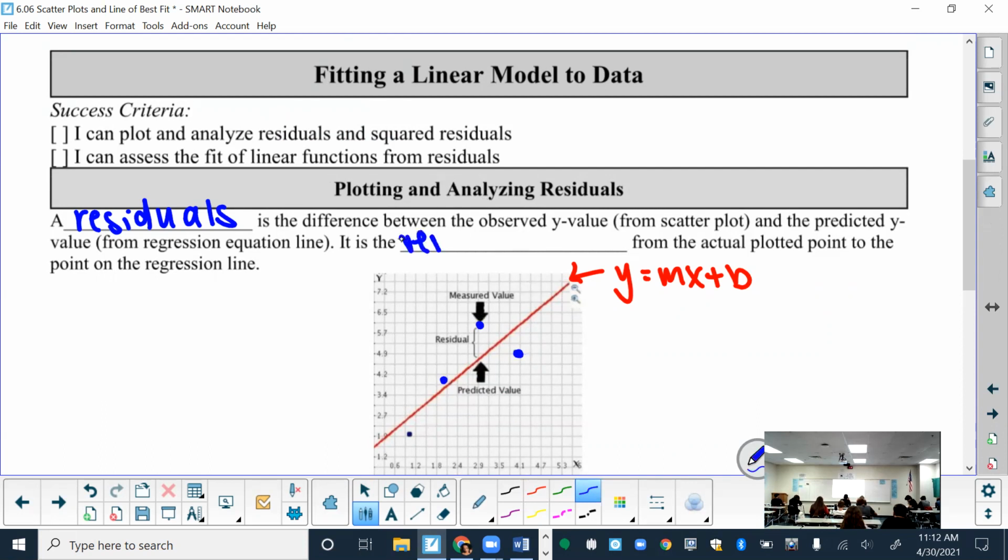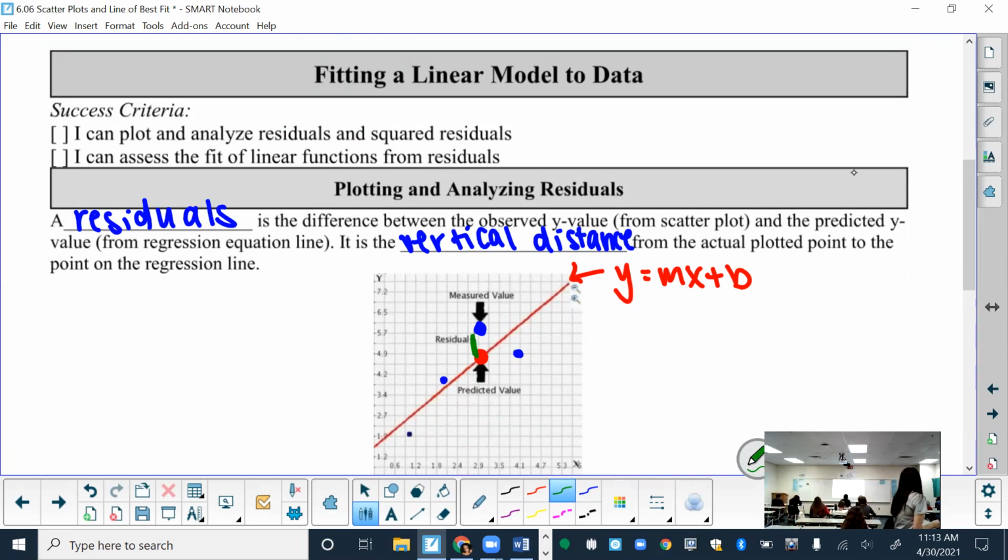So it's the vertical distance from the actual plotted point to the point on the regression line. If I'm talking about this point right here, I'm comparing it to where the line is for that same x value. All right, that distance in the middle is my residual. Make sense?